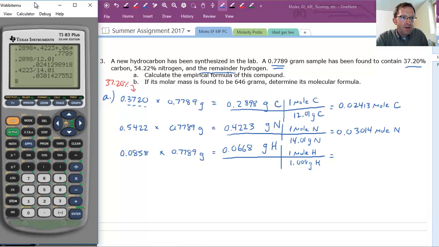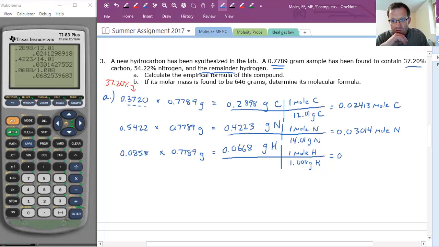Okay, and then for the hydrogen, we've got 0.0668 divided by 1.008, and that gives me 0.0663. We're going to give ourselves 3 digits on the hydrogen because its mass had 3 digits, because its percentages had 3 digits. Okay, so right now we've got our moles of everything, and again, like usual, we want to look at that now and say which one is the fewest, which one is the lowest quantity.